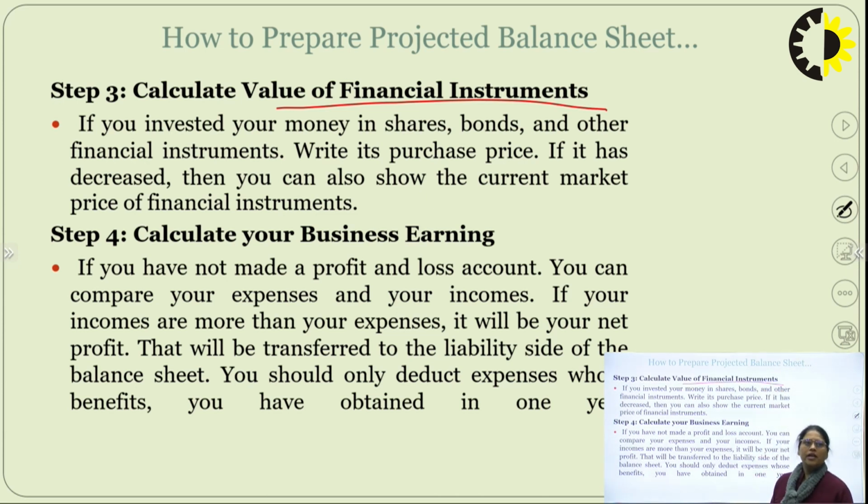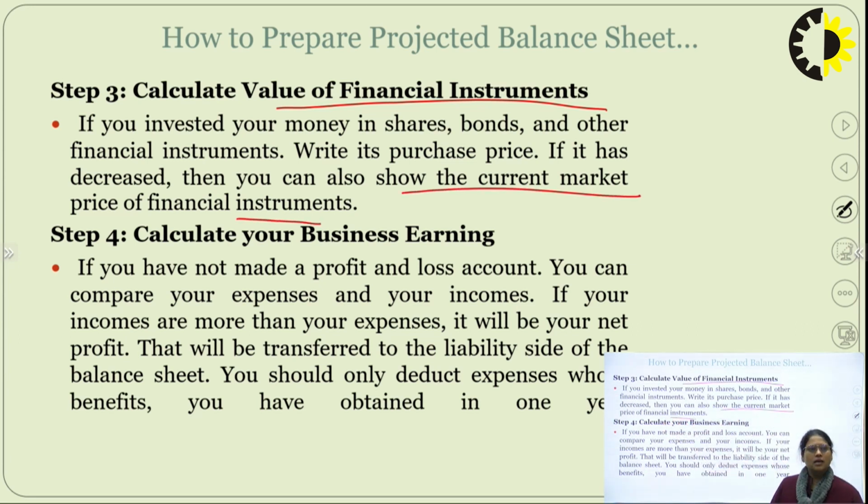If you invest your money in shares, bonds or other financial instruments, you write down the total purchase price, and if it has decreased, then you have to show the current price of the financial instrument.